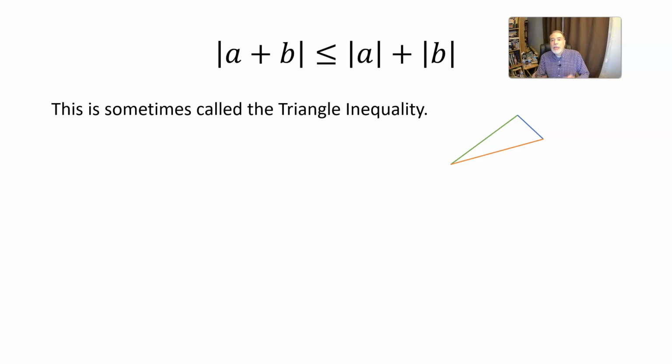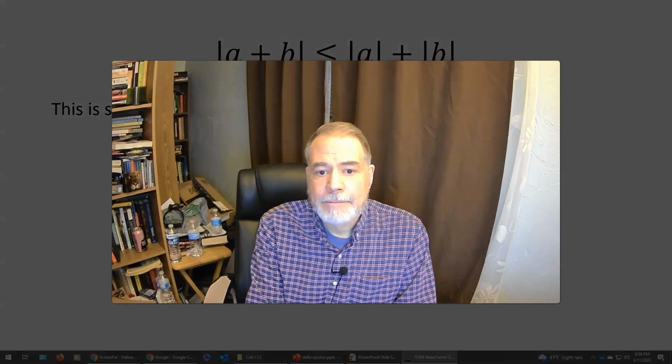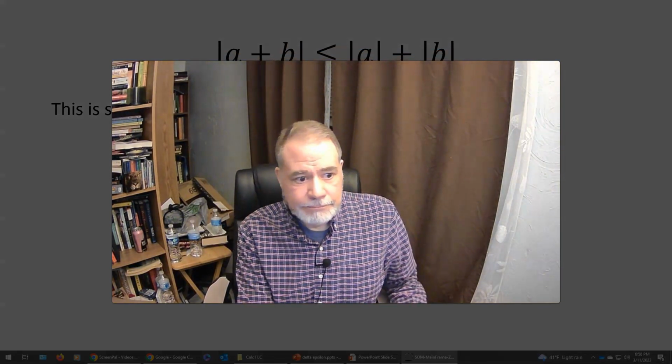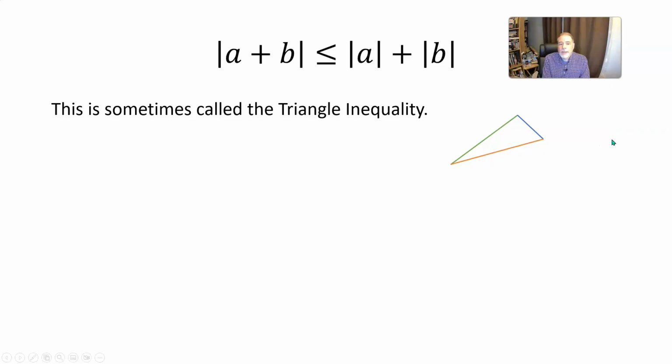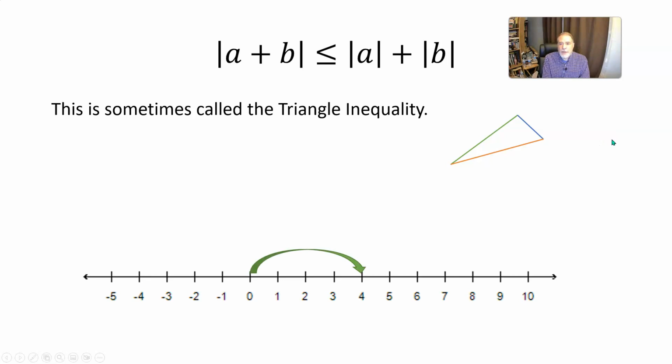But here we're working in one dimension, and so the only kind of steps you can take are forward and backward. So if I take a step in one direction and take another step in the same direction, how far have I gone? Well, it's the length of the first step plus the length of the second step.